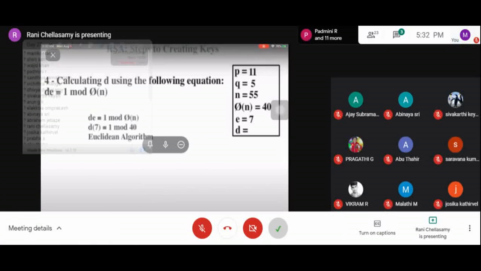So at this step, we'll be using the Euclidean algorithm to solve this, okay?